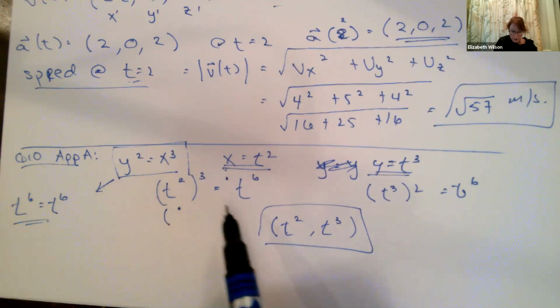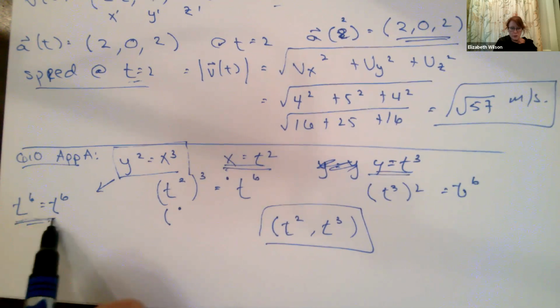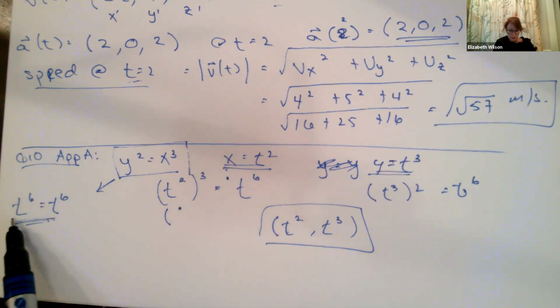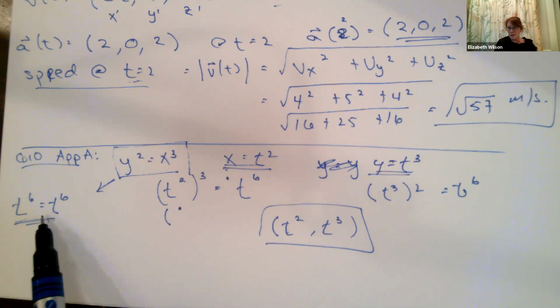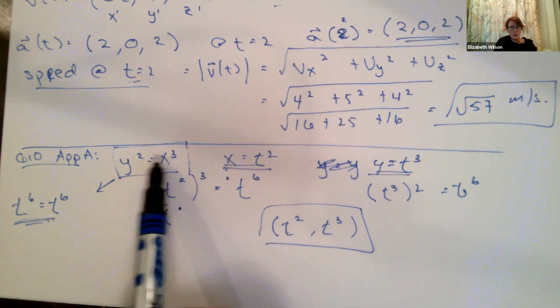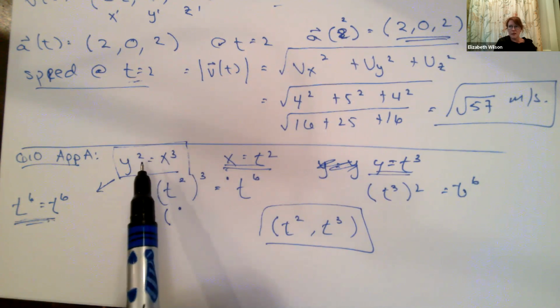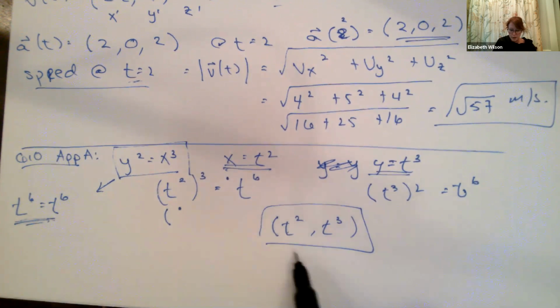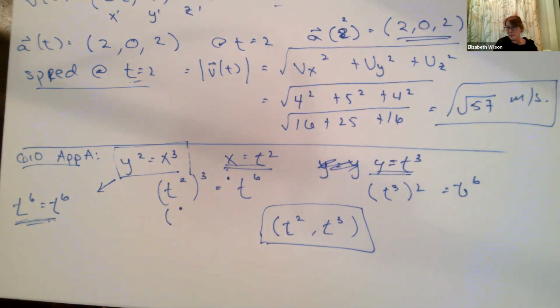So I looked at what values I could make these equal to each other, because that equality had to be true. So t to the 6th had to be equal to t to the 6th, making x equal t squared and y equal t cubed, right? So basically the exponent here would be equal. That's kind of how I did it. I just played around with it.